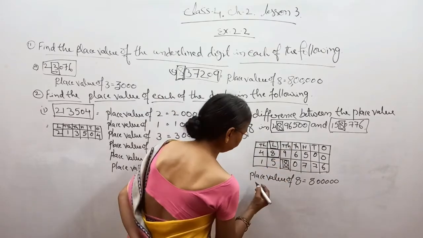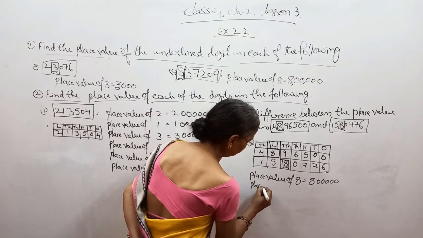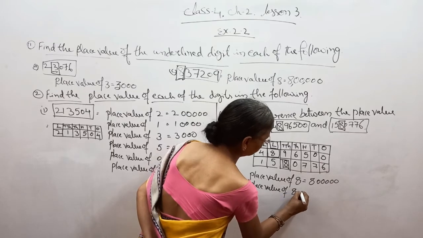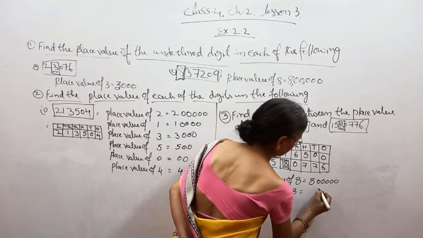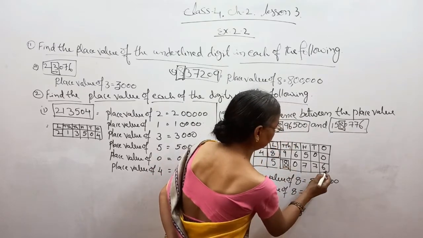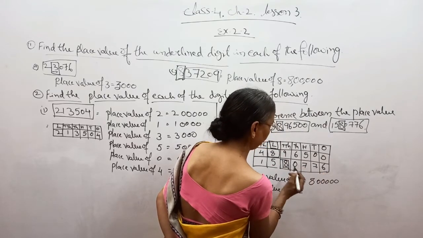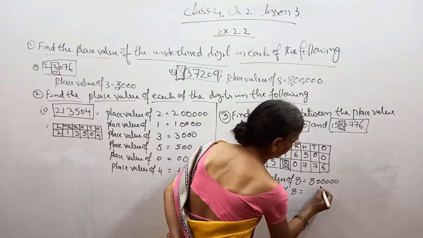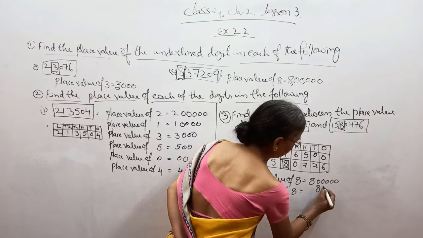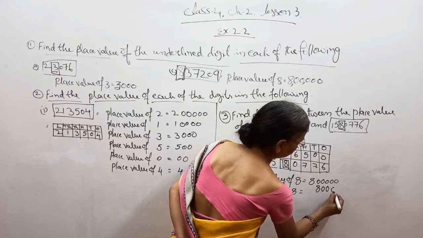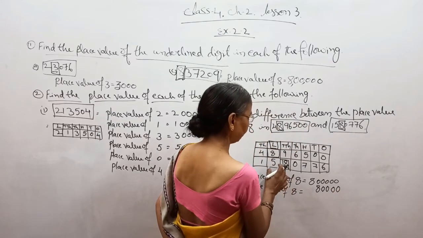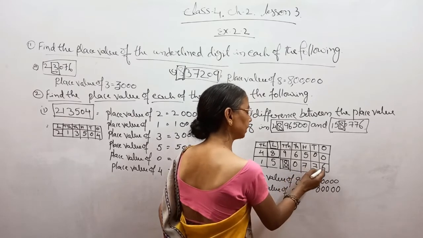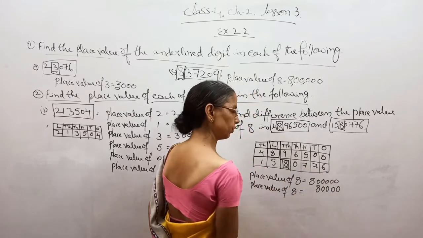Then again we have to write place value of 8 equals, how much place? Here we have to count 1, 2, 3, 4, 5. We write 8, then put 4 zeros, because after 8 we have 4 digits. Instead of writing the digits, we put zeros.